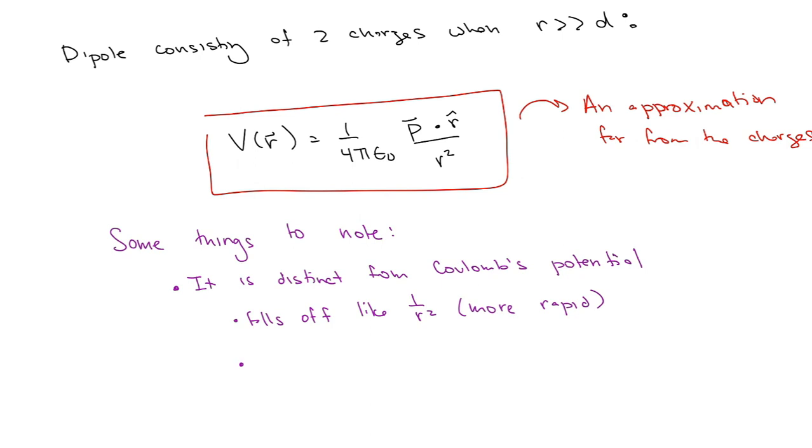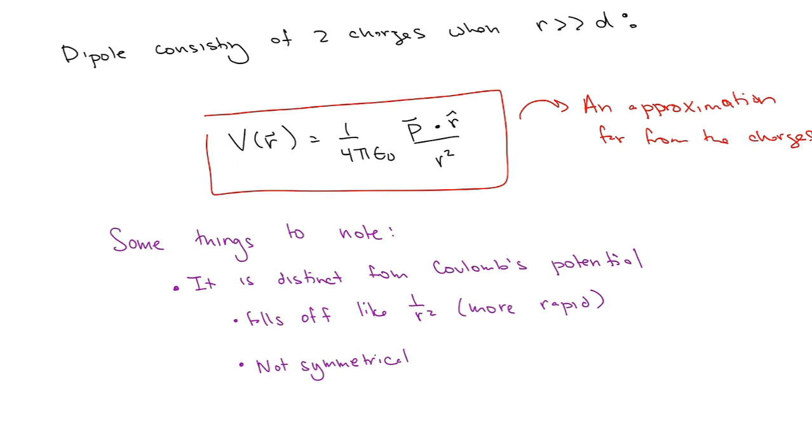And it's also not symmetric. If you remember, Coulomb's law is spherically symmetric, so you could rotate that charge however you wanted and it wouldn't change the potential around it.